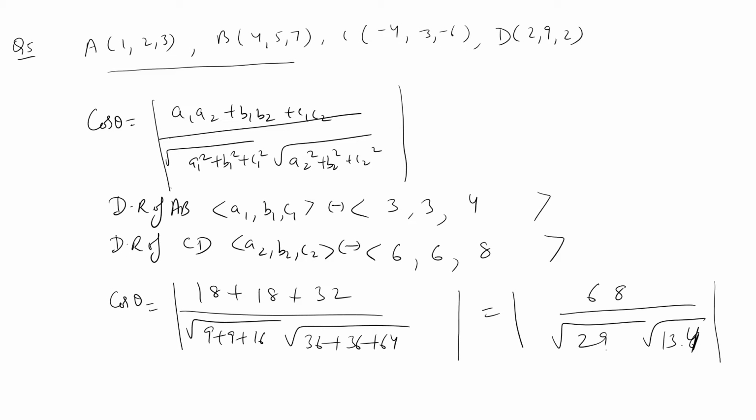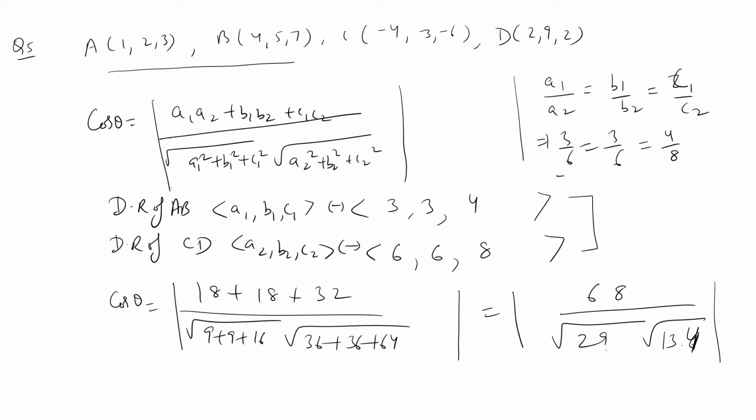Or see, moreover, before heading over to this, if we would have compared the direction ratios in this manner, A1 upon A2, B1 upon B2 and C1 upon C2, see from here, 3 upon 6 equal to 4 upon 8, and everything is turning out to be half, half, half.